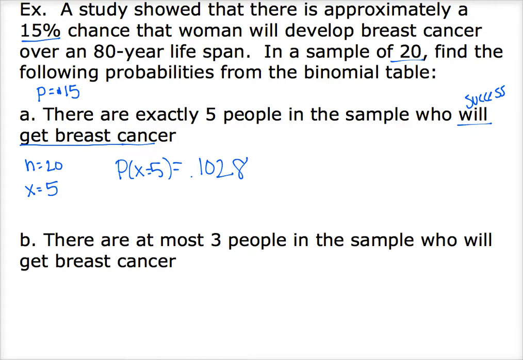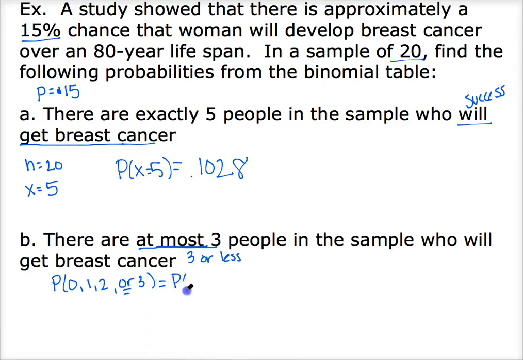Find the probability that there are at most 3 people in the sample who will get breast cancer. At most 3 means 3 or less. So we want the probability that 0, 1, 2, or 3 people will have breast cancer.